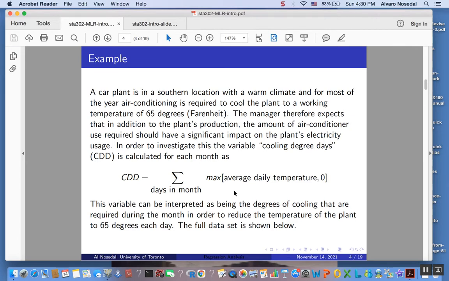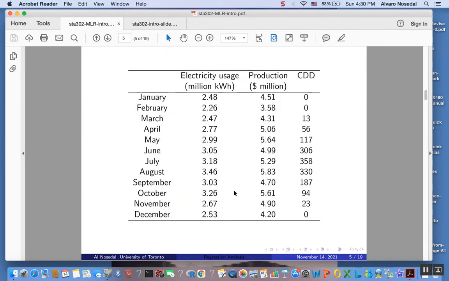So let me show you the next slide, the one that contains the full data set. These numbers here: the first column is the one that we are going to be using as our response variable. CDD is going to be one of the predictors, the other one is going to be production.